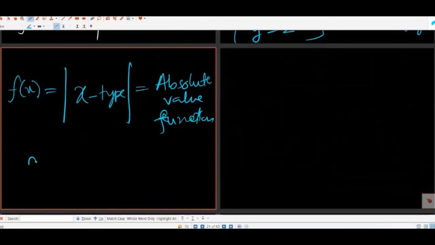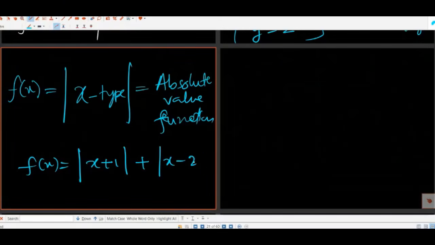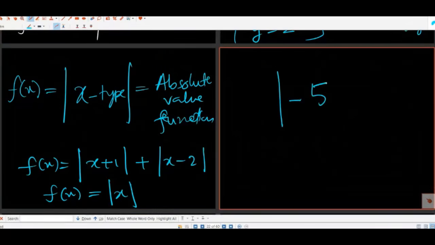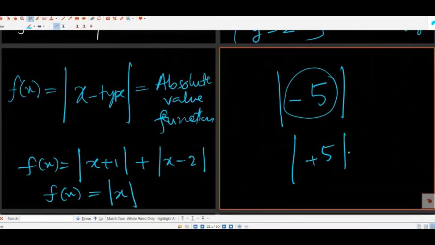For example, f of x equal to modulus of x plus 1 plus modulus of x negative 2. So this is one absolute value function. We may also have f of x equal to modulus of x. So you know that inside modulus, we may have positive quantity, we may have negative quantity.